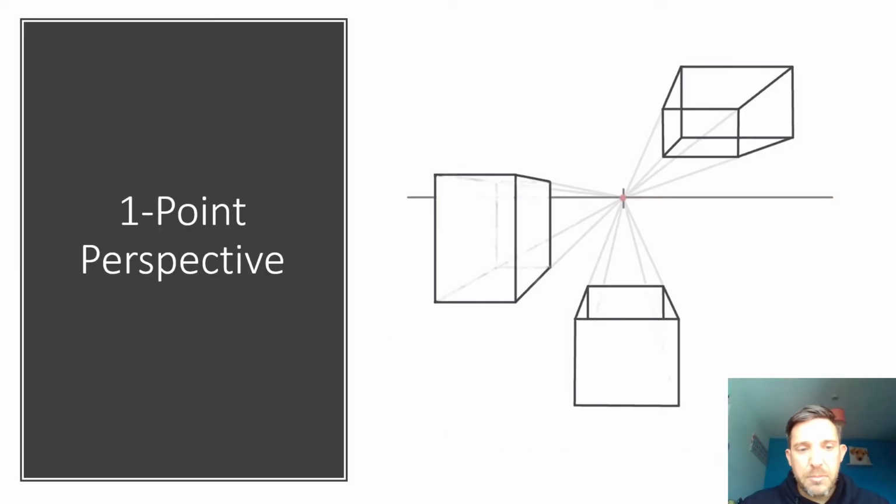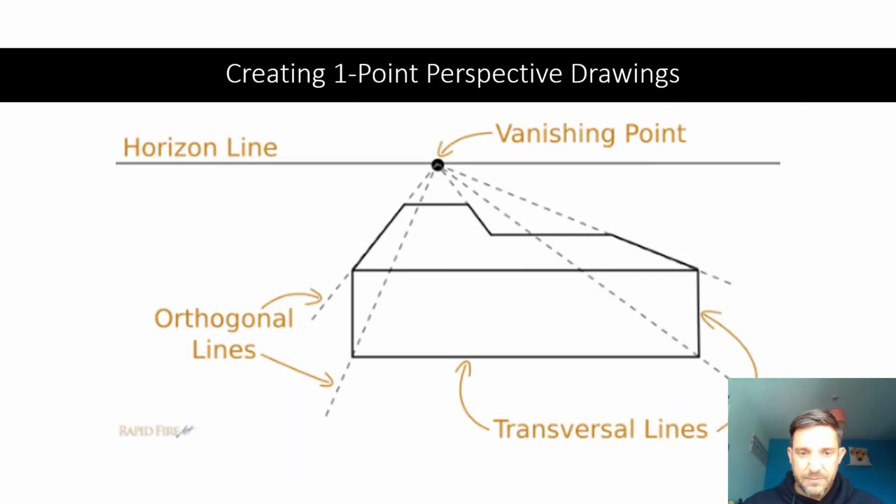So there are a number of different point perspectives that we can draw at. The first one is one-point perspective. So with one-point perspective, we start with a horizontal line, which is what we do on most of these perspectives. We pick a vanishing point. We then draw our first shape. So we'll draw the main shape here, the transversal lines.